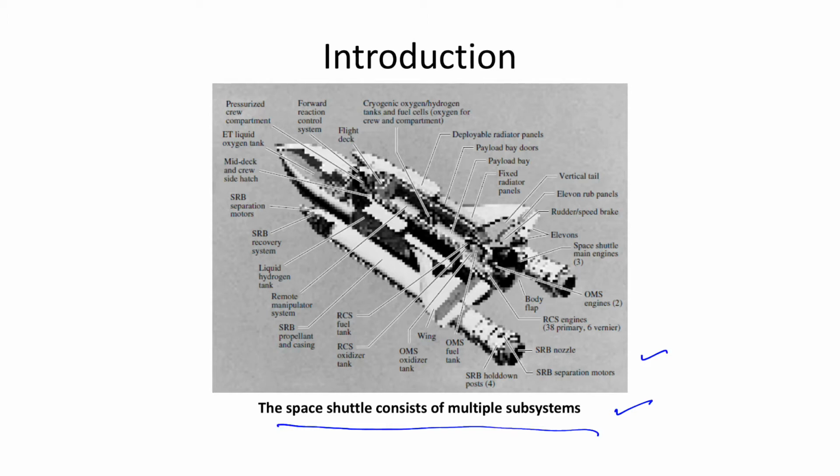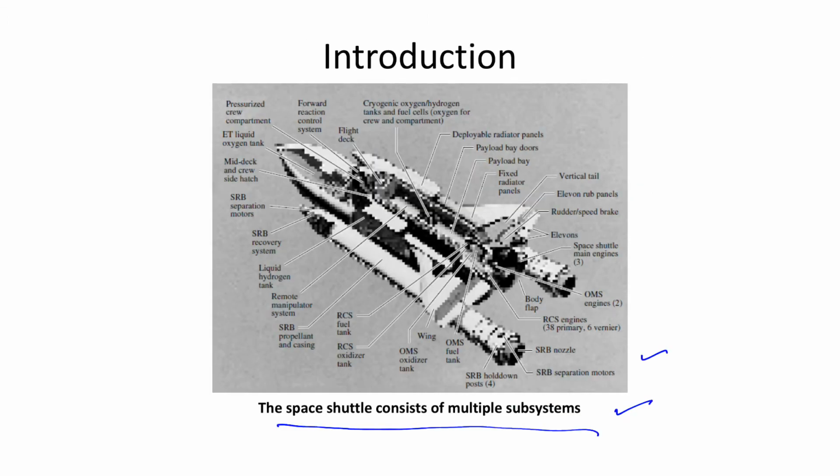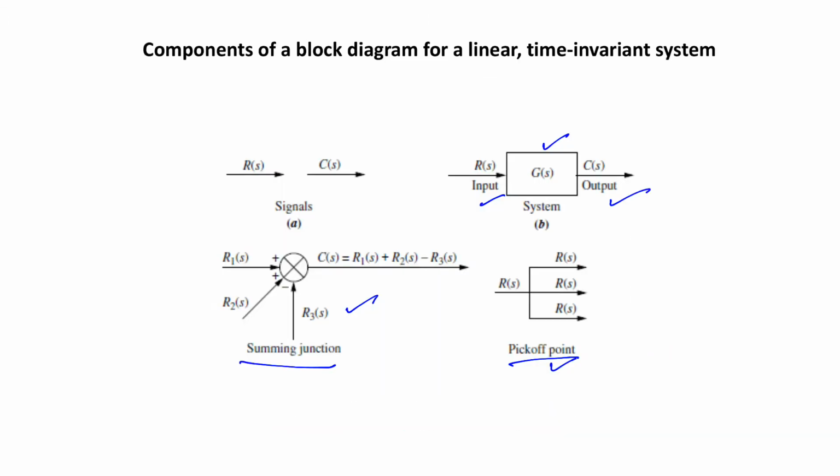These new elements are the summing junctions and the pick-off points, as shown here. When your system has multiple subsystems, we have to connect them. For that we have the summing junction and the pick-off points.